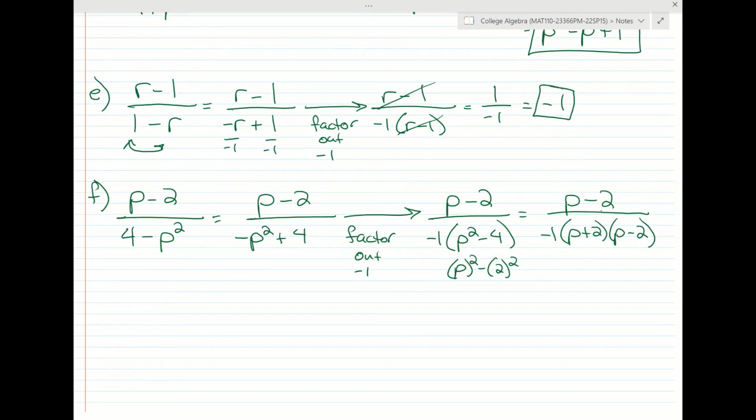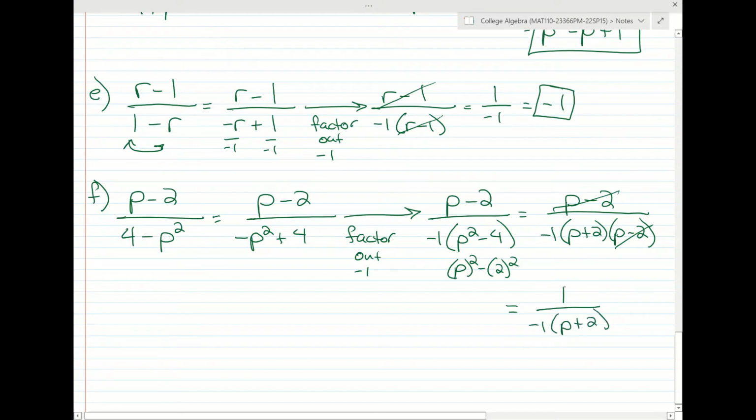Then you can see we have a factor of p minus 2 over a factor of p minus 2. We just wind up with 1 over -1 times p plus 2. That would be the final answer.